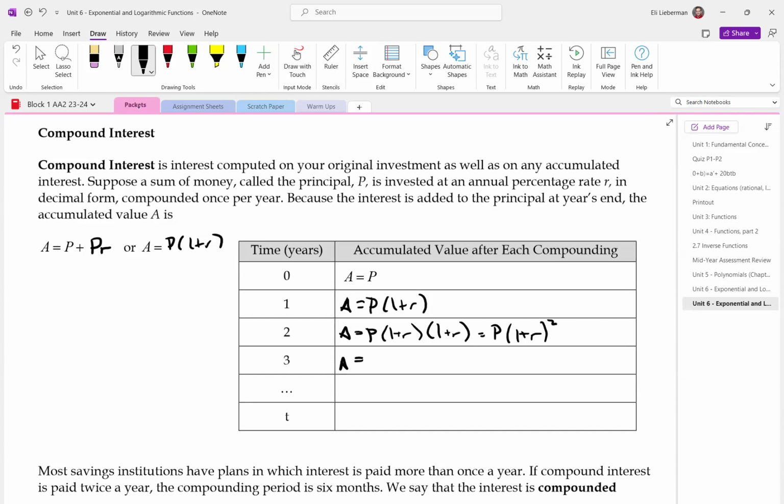The third year, you see what's going to be? You have the original amount times 1 plus R to the third power, dot, dot, dot. So after T years, oh, that should be an A, this should be a P. A equals P times 1 plus R to the T.